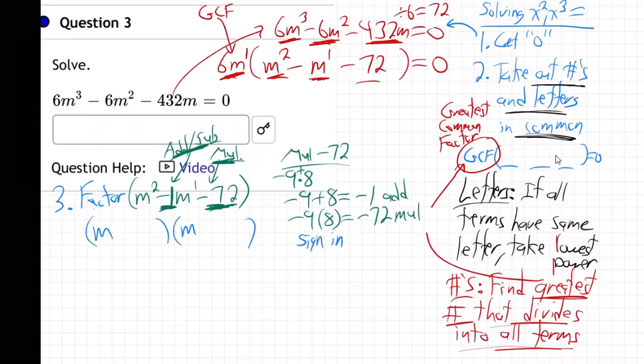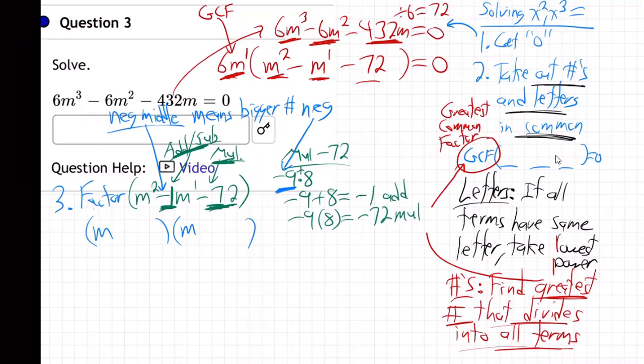Negative in the middle means the bigger number is negative. The 9 is bigger than the 8, right? So it's got to be the negative one. That'll always be the case.